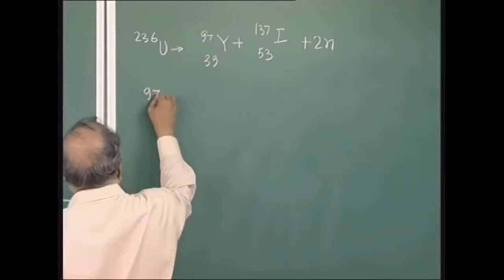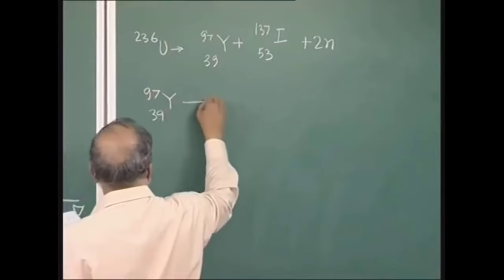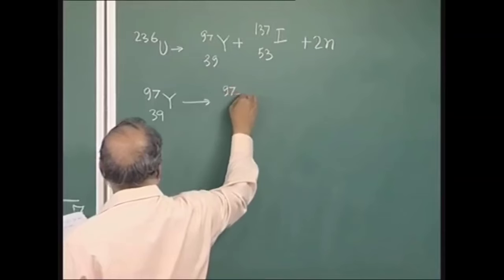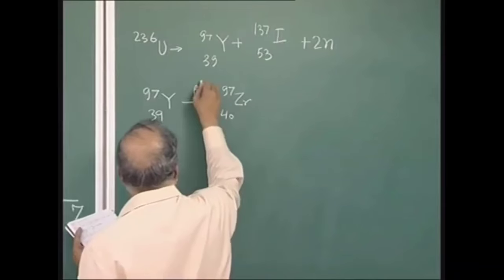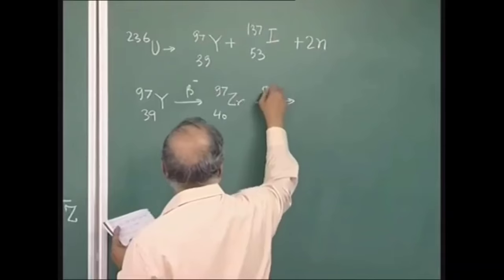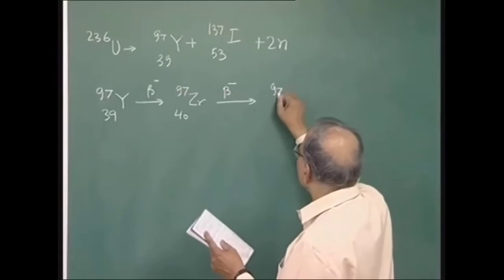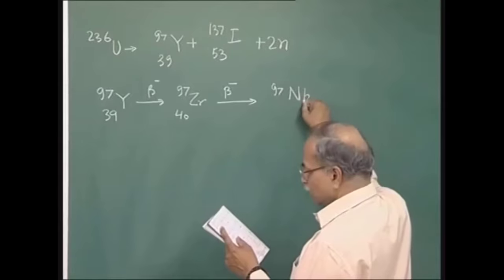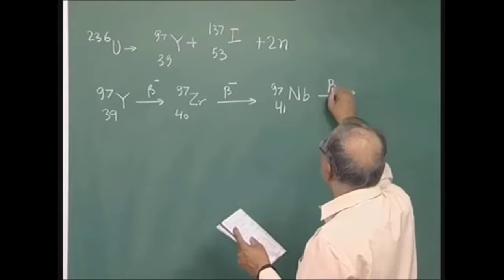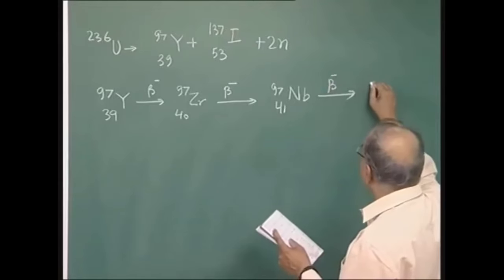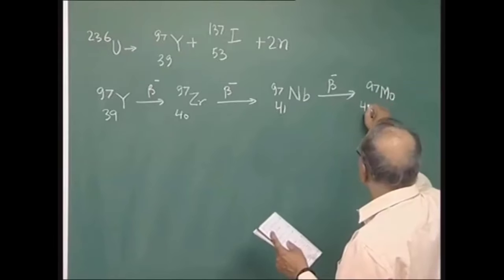Then this 97 Y 39 decays to 97 Zr 40, zirconium, by beta minus decay, and this beta minus decays to 97 Nb, niobium 41, and that beta decays to 97 molybdenum, and that is stable.